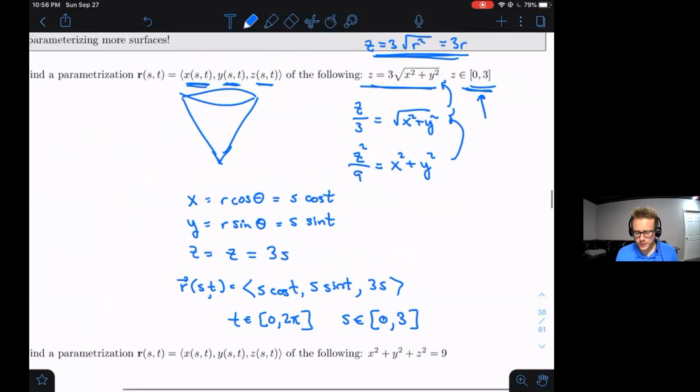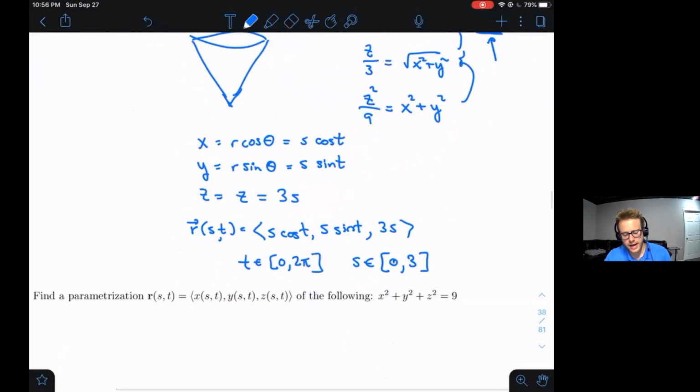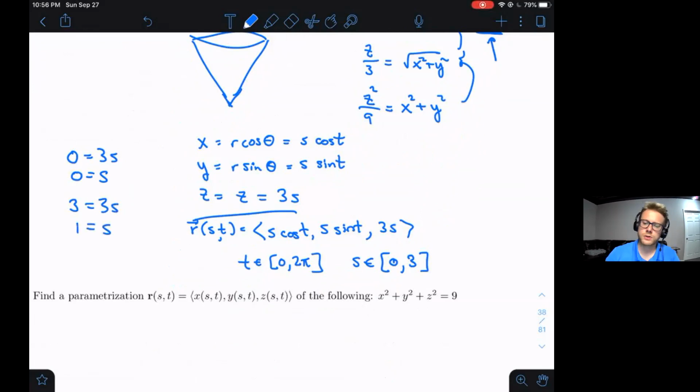All right. So here it is up here, right? z is equal to 3r, or down here, z is equal to 3s. So if you try to figure out what is the corresponding s range, well, if you plug in 0 for z equal to 3s, then you get s equals 0. So that's perfectly fine. But on the upper end of the range, when z is equal to 3, and again, z is equal to 3s, then that gives us the equivalent s is equal to 1.